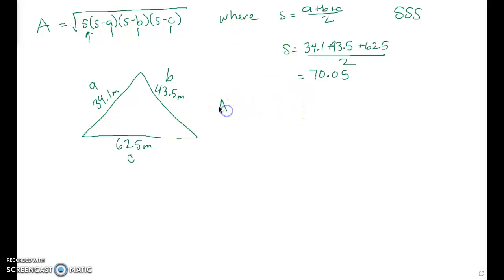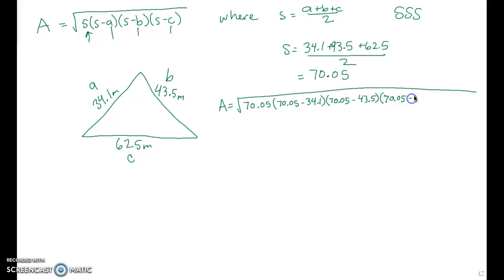So our area is going to equal the square root, and it's going to be a big long square root, of S, 70.05, times S, 70.05, minus A, which is 34.1, times S minus B, which we decided is 43.5, times S, 70.05, minus 62.5.